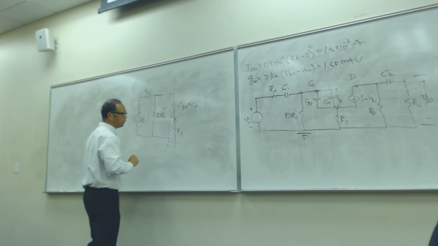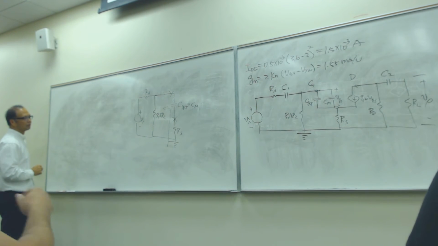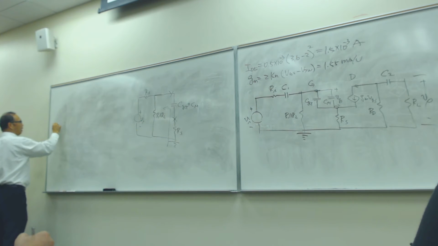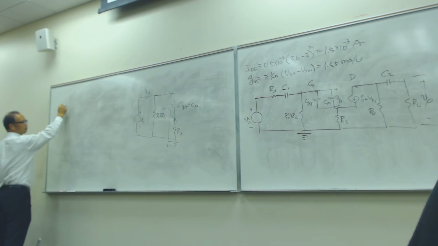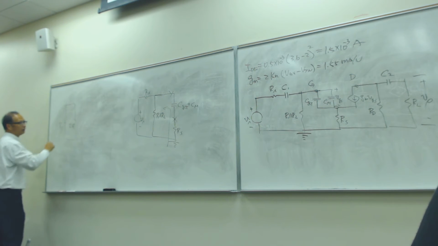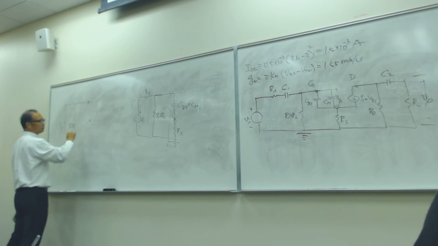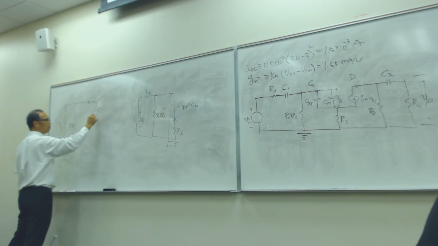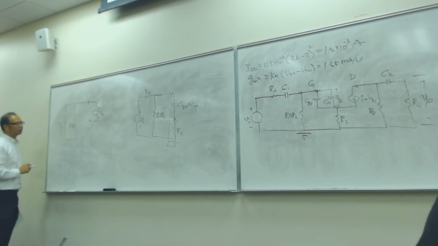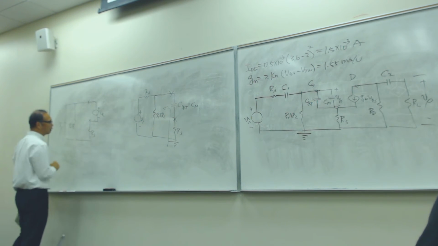And then you look into the left. So you have R sub I to the ground, R1 in parallel with R2 to the ground. And then these are the two terminals where you're going to put the test voltage. And then you have R sub S to the ground.